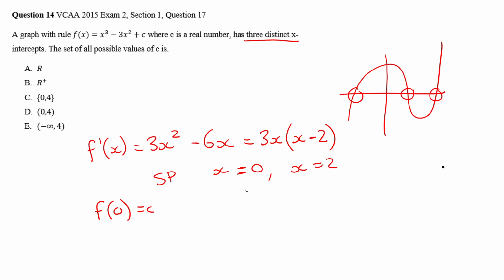The second thing I'm going to substitute is my 2. If I put in 2, that will be 2 to the power of 3, which is 8. 2 times 2 is 4. 4 times negative 3 is negative 12 plus c. I can simplify that down to c take away 4, or you could have done negative 4 plus c.